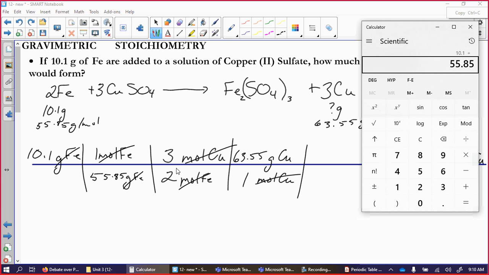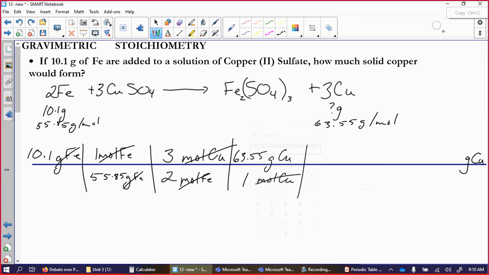Next one times 3 in the top divided by 2 in the bottom, and then 63.55, whoops, is in the numerator. So if you look, divide by the molar mass, multiply and divide by the mole ratio, and then multiply by the last molar mass, gives us 3 significant figures, 17 grams of copper.